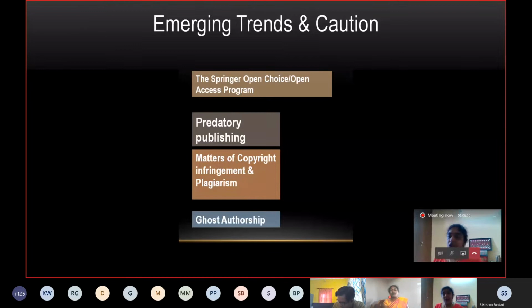So please don't go for those predatory journals. Now there is a list of predatory journals which is provided on the UGC site, University Grants Commission. They have a list of CARE journals which tell you very clearly what the predatory journals are and what the journals are that you have to avoid. So be very careful about it.